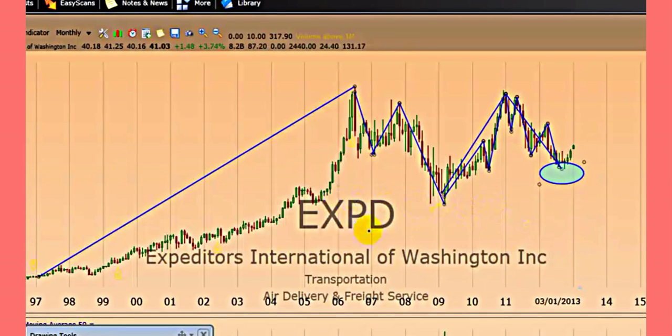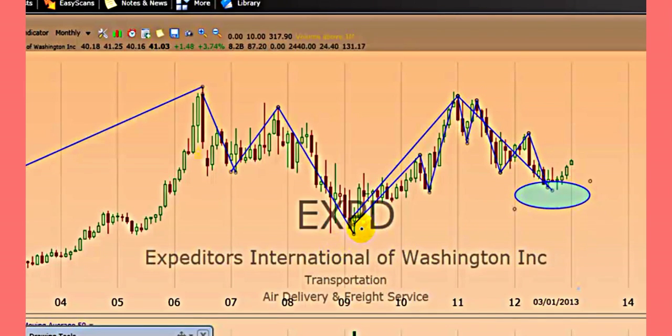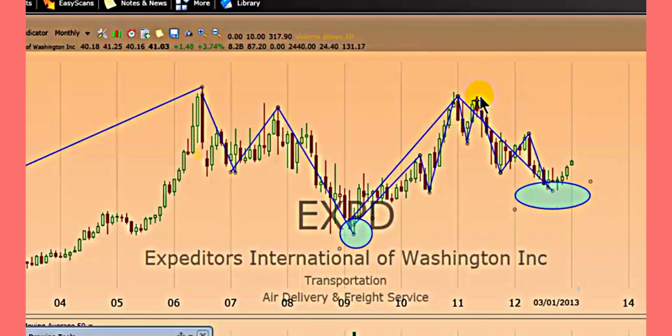But for this one, which we call the running flat correction, the 1, 2, 3, 4, 5 wave will not go below the low. Repeat, the 1, 2, 3, 4, 5 waves.